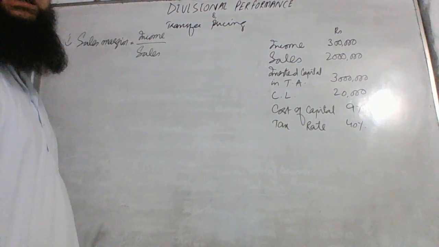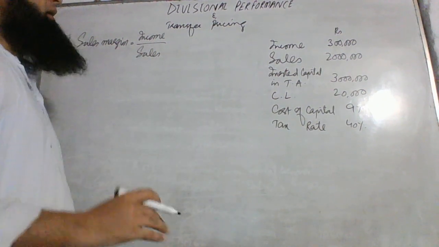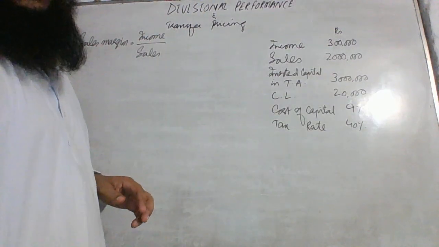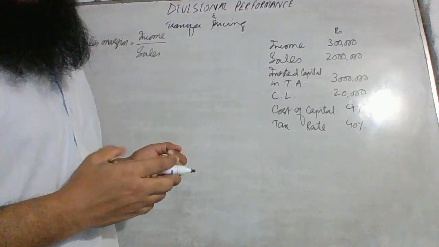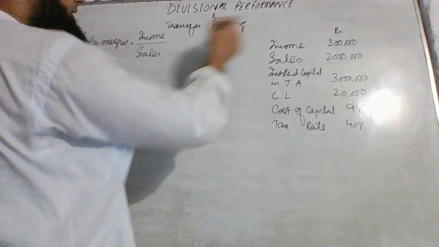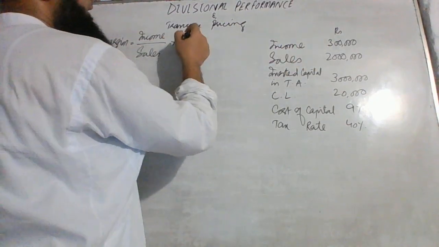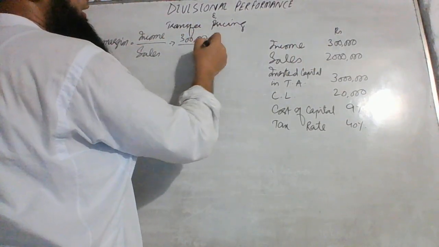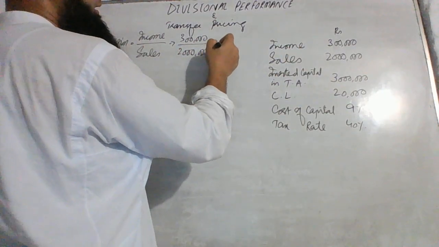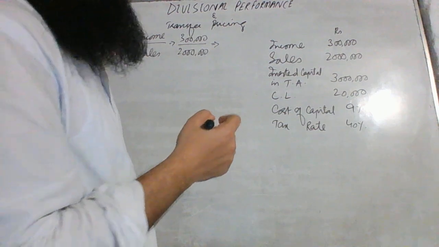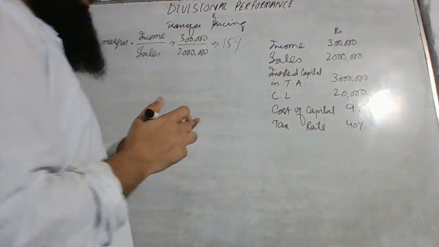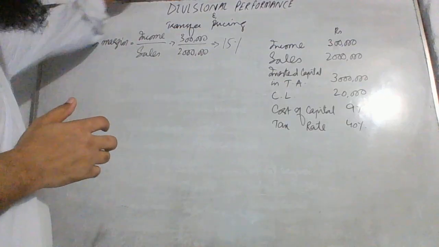In this case, the amount of income we have is 300,000, while the sales revenue is 2 million rupees. Multiplied by 100, it means the sales margin is 15%, or rate on return on sales.